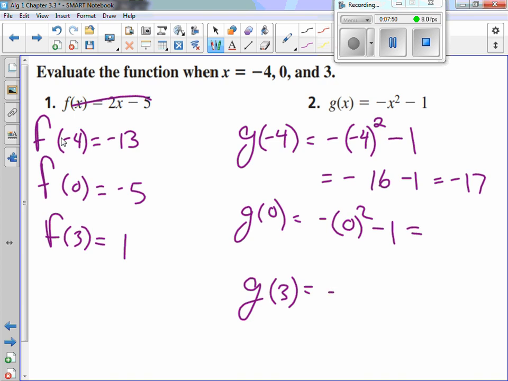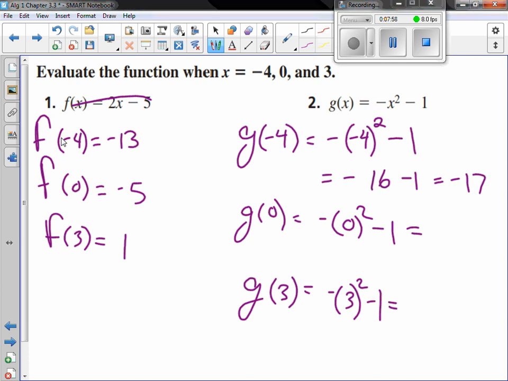And the last one would be negative 3 squared minus 1. Now the next one, we can do negative, parentheses 0, close parentheses squared minus 1. Well, negative 0 squared is just 0, yes? So we really just get negative 1.